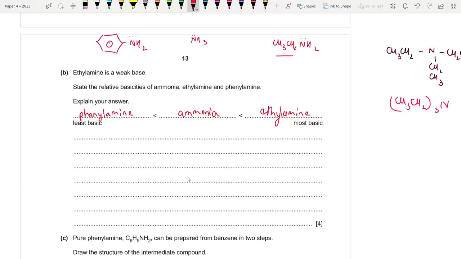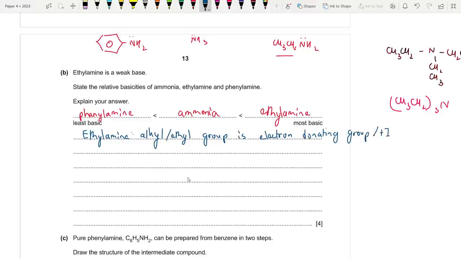Okay, let's answer. So let's talk about the good points about ethylamine. For ethylamine, the alkyl or ethyl group is electron donating, or a group with positive inductive effect.